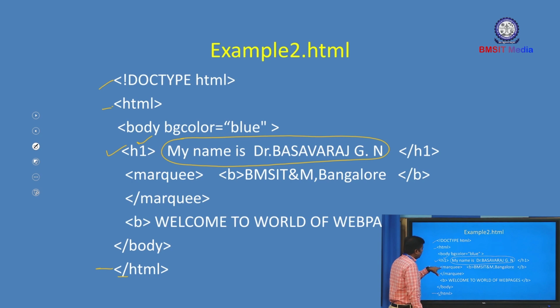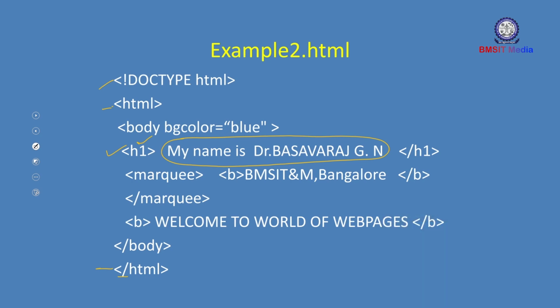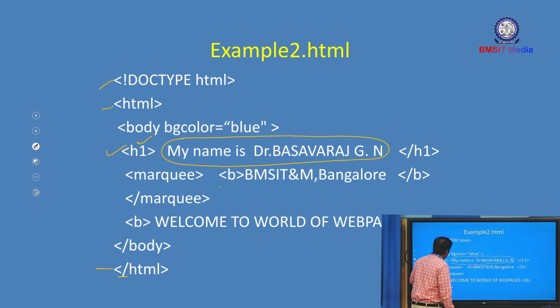Similarly, I marked the name BMSIT and M Bangalore in bold. First I bolded it, and I have said marquee. Marquee means the text just flows from the right side, you know. So it will flow in the web page. Let's see. And later one more bold, I have written welcome to the world of web pages, and thereby you end the body.